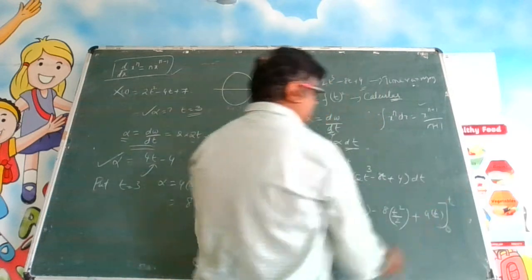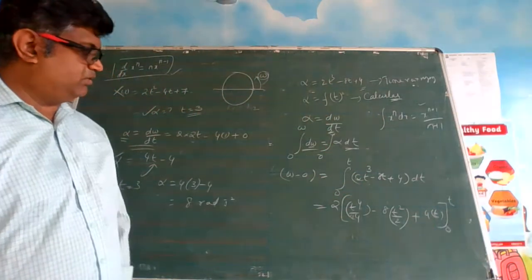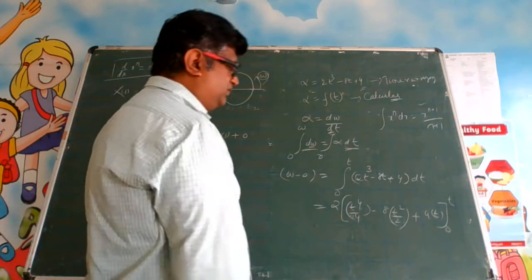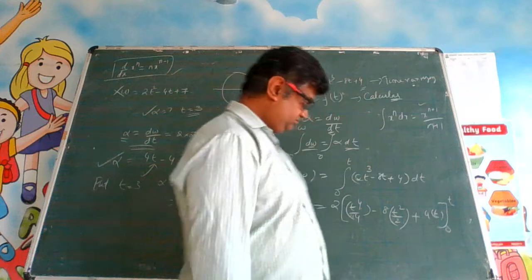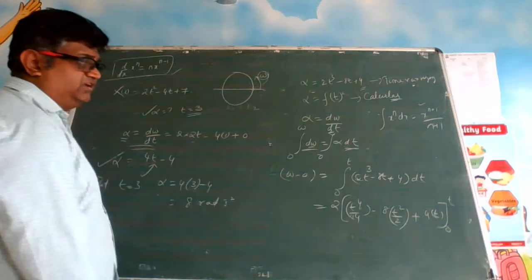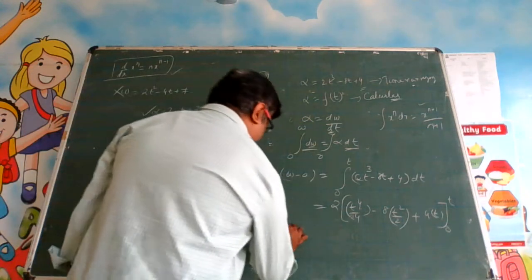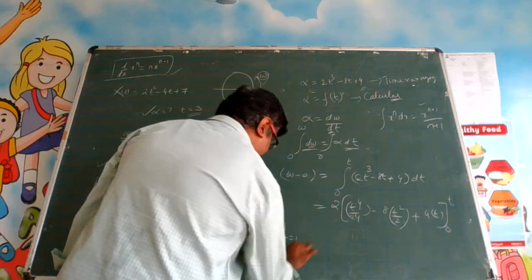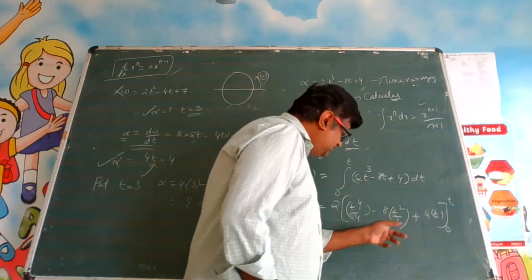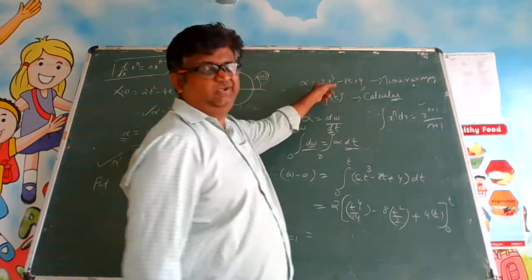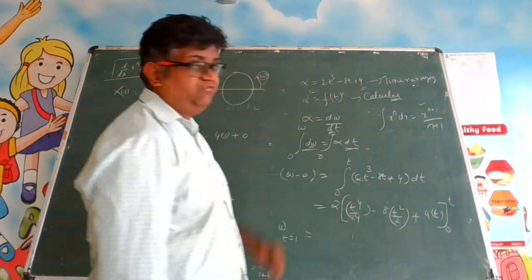From 0 to t, you have to put the upper boundary and the lower boundary. Suppose in the question they had asked you, find at t is equal to 1, what was the angular speed? So your answer would have been omega at t is equal to 1. You have to just put the value of t is equal to 1 in this, not here. If you put t is equal to 1 here, you will get alpha.